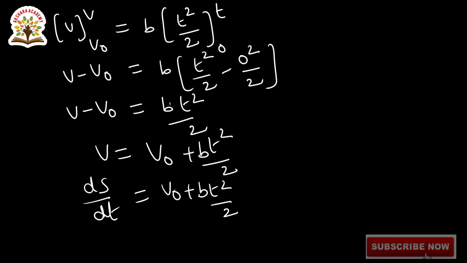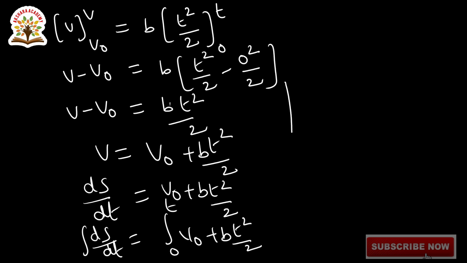Now again we are integrating, the integration of ds by dt is equal to the integration, with limits 0 to t, of v0 plus bt square by 2.